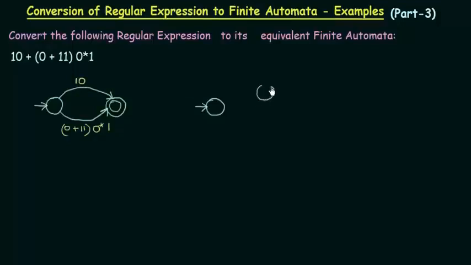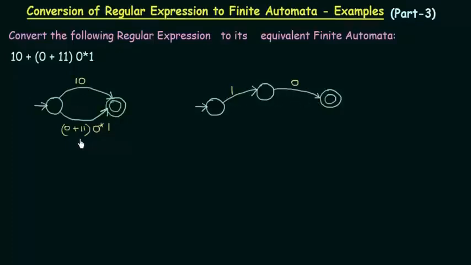So here I'll make one state, and this will be the final state which we already had. I'll send this state to the next state on getting input 1, and then from here I will send it to the next state on input 0, which is this 0. So we have expanded this and we have created an automata like this.